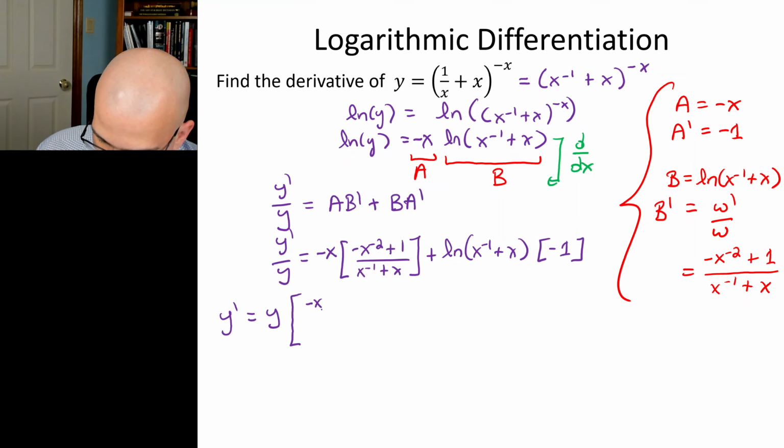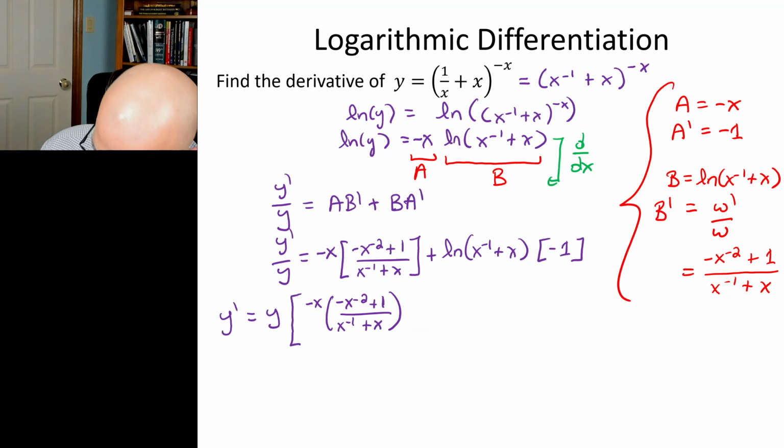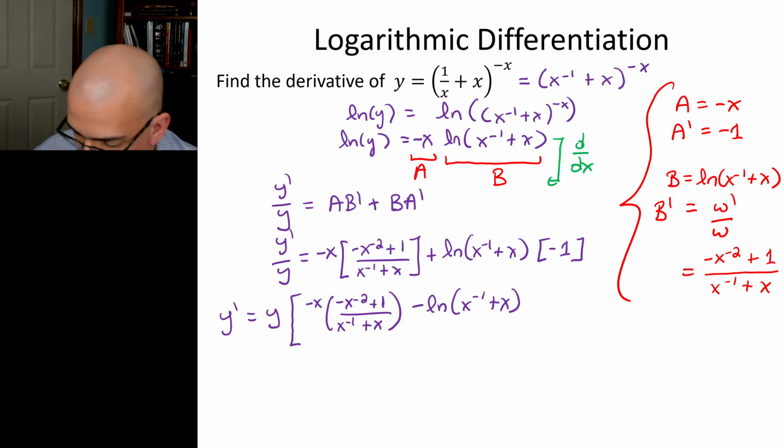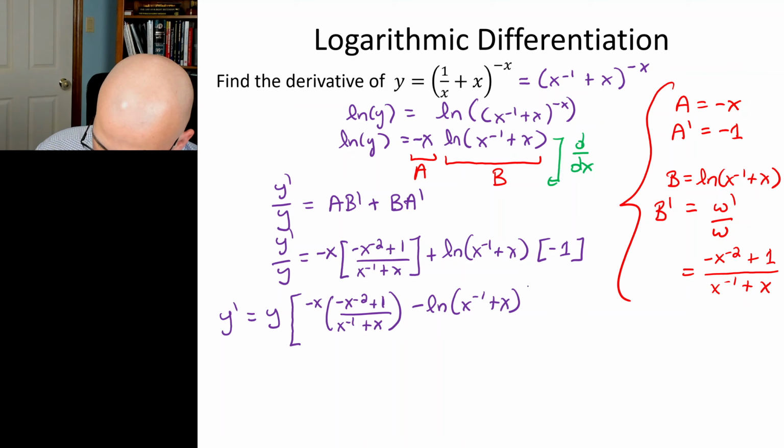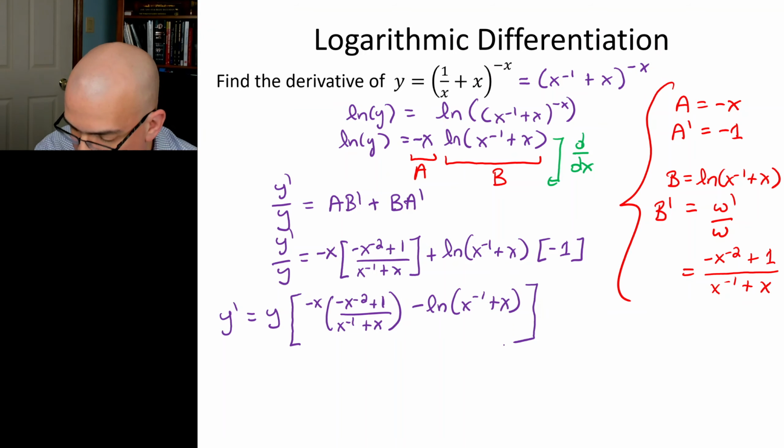So I'll have negative x times, you can simplify if you want. I'll leave it messy. Maybe change that to a minus sign. Multiply by the negative 1, put the negative up front. Very, very minor simplification.